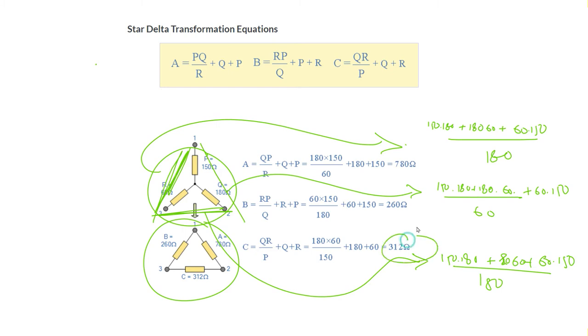So we get these three values, 780 ohm, 260 ohm and 312 ohm respectively. This is how we convert a Y to a delta when it is load.